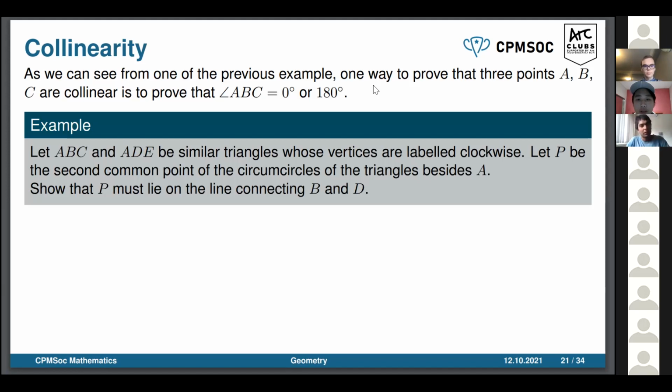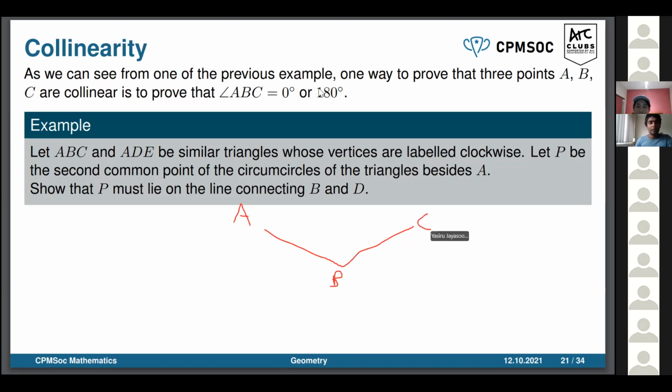So for example, if B is between A and C, you can prove the angle is 180 degrees.